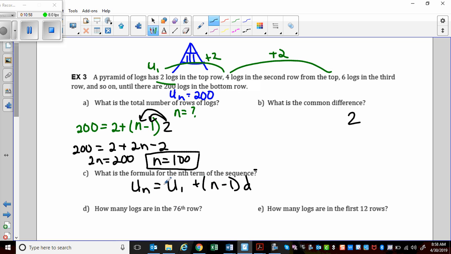And I'm just going to plug it in. The first term is 2, so u sub n equals 2 plus n minus 1 times 2, and we can actually distribute our 2 to both. 2 plus 2n minus 2, which is equal to 2n.